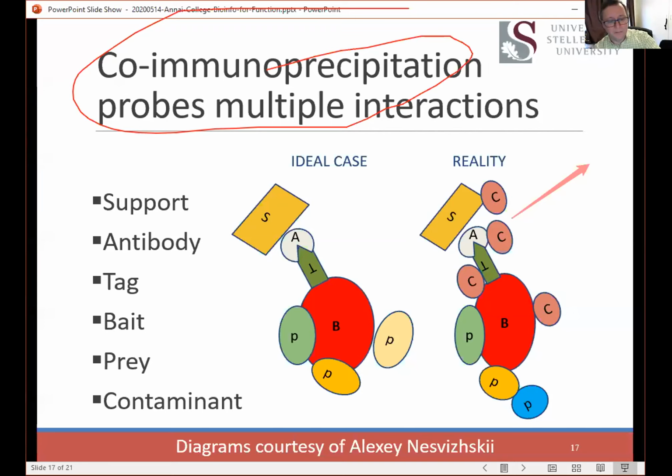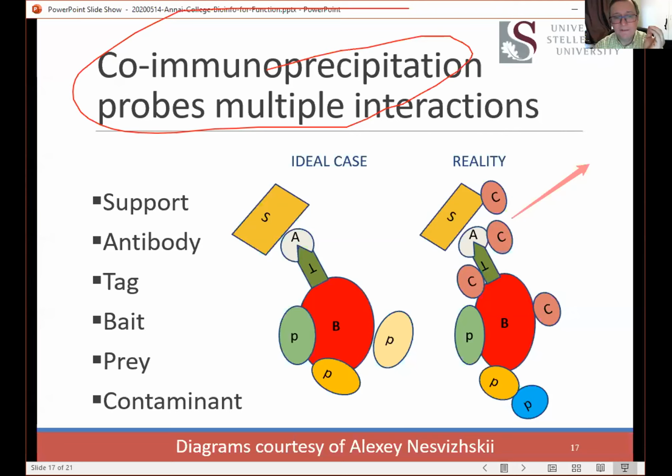Okay, so if I pull on B, all those P proteins, the prey proteins, come along as well. So generally speaking, if I can introduce a tag into my bait protein, here marked T, and grab it out with some sort of antibody on a solid support, I'm able to grab along all those prey proteins as well.